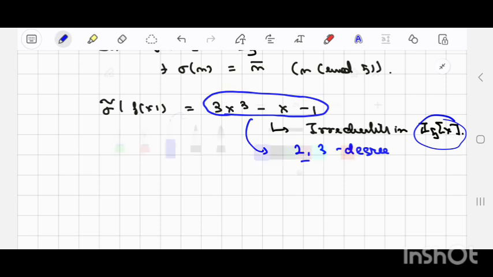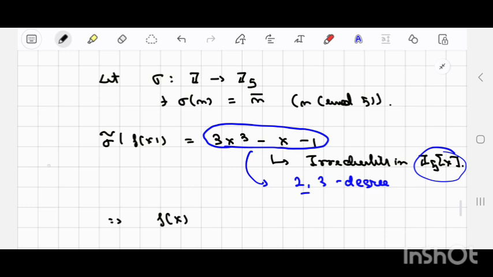So posteriorly, once it is irreducible, check is an exercise to check whether it's irreducible or not in Z5[x]. What do we conclude? This implies that I cannot write f(x), from the previous theorem, because one more thing to observe here is that the degree of f is the same as the degree of sigma tilde of f. Z is a domain, Z5 is a field, because Zp is a field if and only if p is a prime.